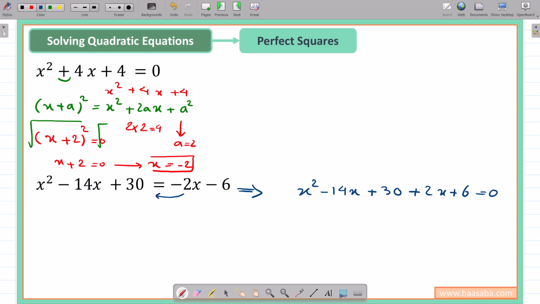Because I'm transferring these terms to the other side, all the minuses are becoming pluses. Okay, let's simplify like terms together. These two are like terms. These two are like terms. Okay, x to the power of 2, minus 14 plus 2 is negative 12x, plus 3 plus 6 is plus 36 is equal to 0.